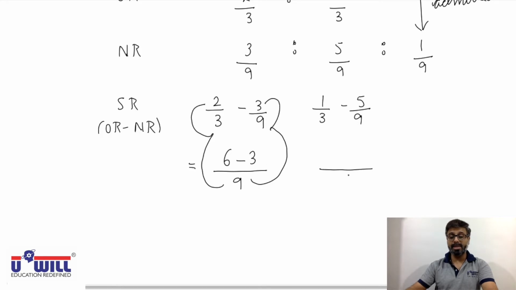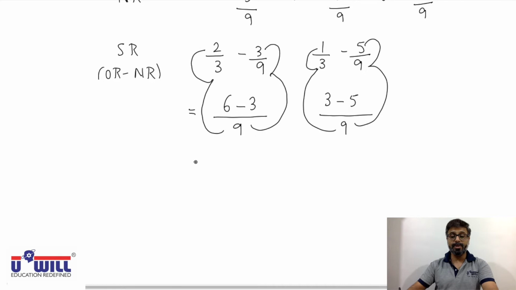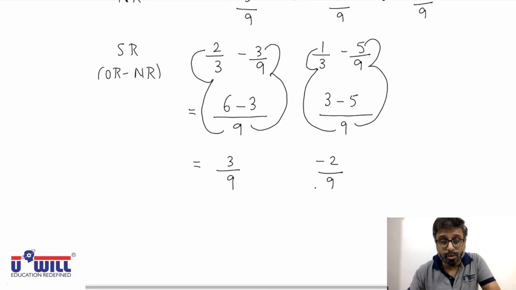Same way here also the LCM is 9. 9 divided by 3, 3 into 1, 3, minus 9 divided by 9, 1 into 5, 5. So 6 minus 3 is 3 by 9, and 3 minus 5 is minus 2 by 9. Check it carefully, everyone.